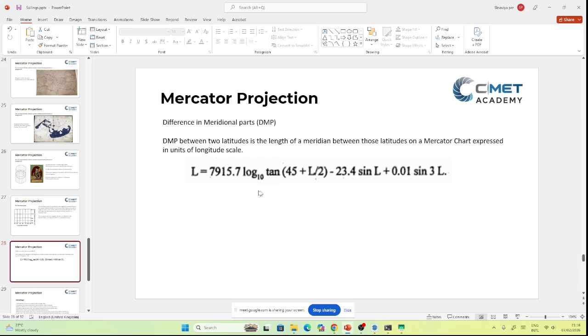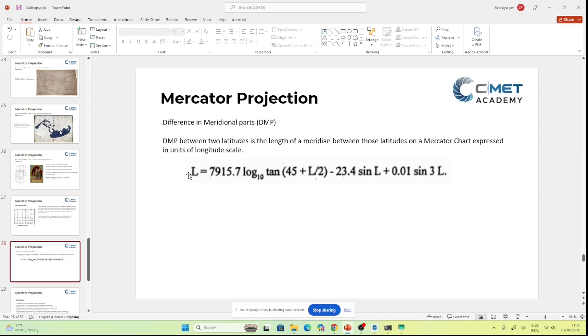Yes, sir. Okay, but there is a small typing error. This L on your left hand side is the meridional part, not the latitude, because if you are going to solve this formula with three L's, two L's on one side and the other L on the left hand side, it will be a nightmare for you to solve. So just forget about it.